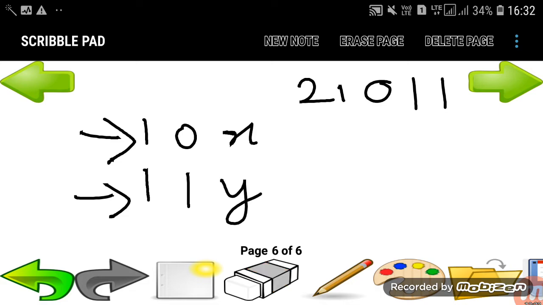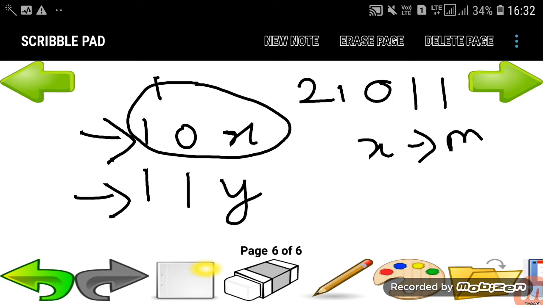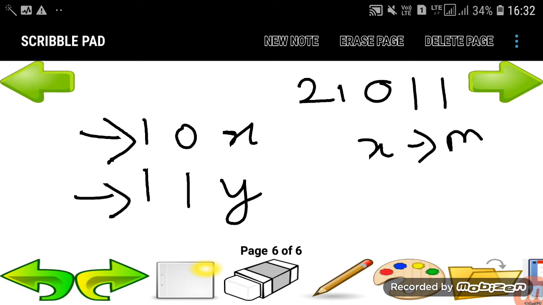Now for the upcoming numbers, x can take any maximum value, because that won't affect this whole number to be the maximum, right? Only this is going to be the maximum at last. So we can take x to be the maximum and y to be the most minimum, because that must be the optimal now, because we need the maximum to be minimum, right?